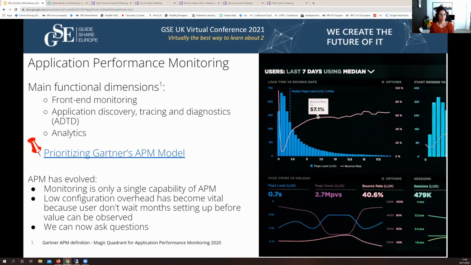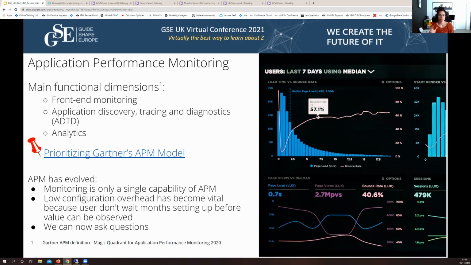So users implementing APM for the first time see this as priority number 1. Why? Because if you know how your front end, your end user experience, your digital experience is, you no longer have to rely on customers telling you when your applications are down, right? So you're proactively able to respond to any issues on the system.